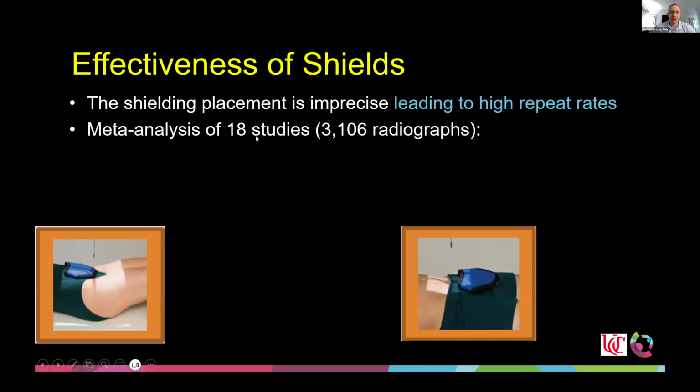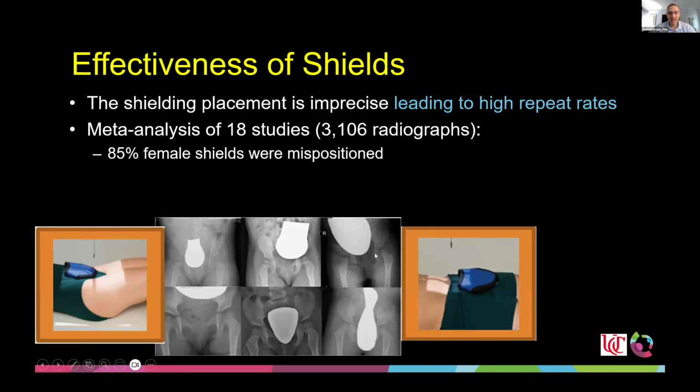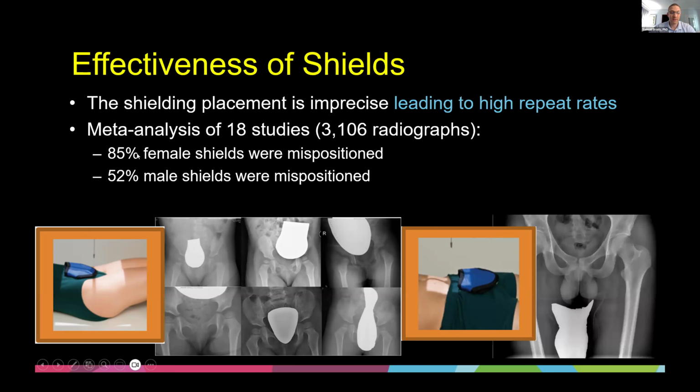In one example, in one study, they did a meta-analysis of 18 other studies, and they looked at positioning, and they found that what ended up happening with these primary shields was they were oftentimes mispositioned. 85% of the time they were mispositioned for females, 52% of the time they were mispositioned for men when placing a gonadal shield.